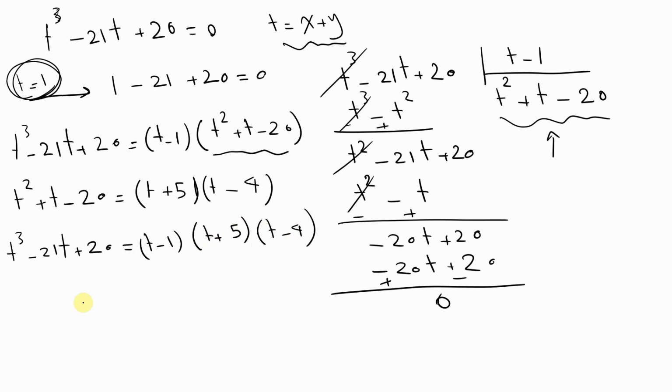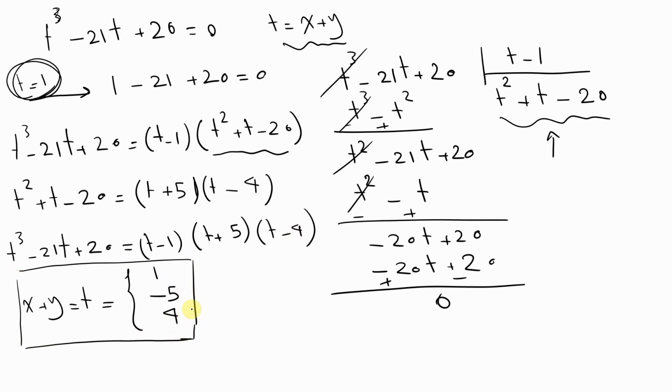So all the possible options for t, which is x plus y, are 1 for this root in here, -5 and 4. These are all the possible options for x plus y in these two systems of equations. And we're not looking for real roots or imaginary roots, we're looking for all the possible options in this question.